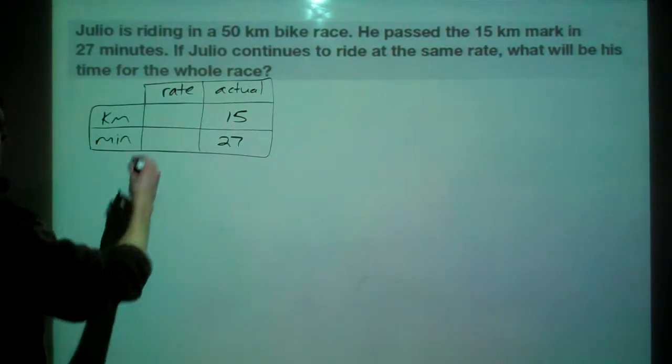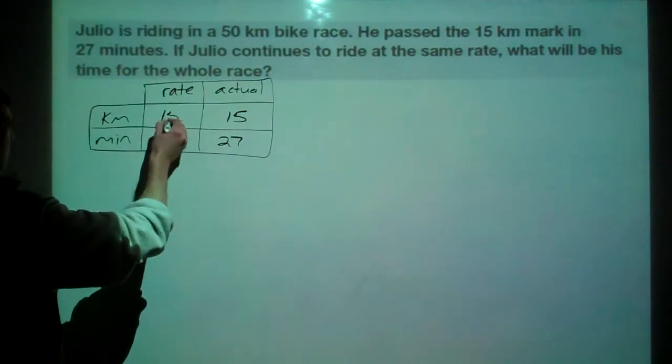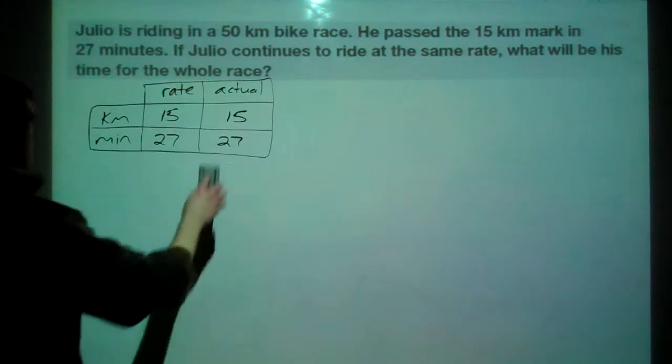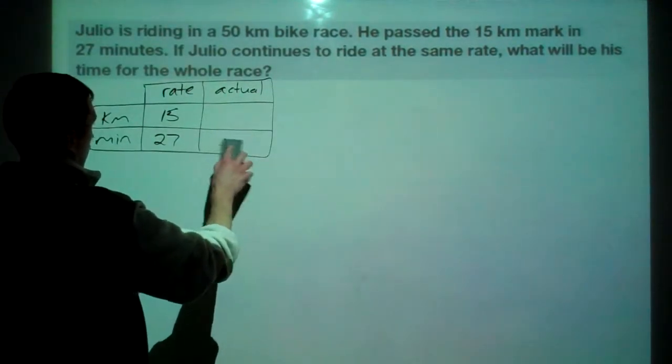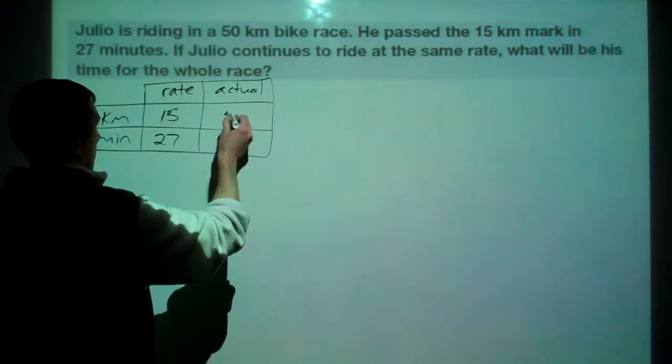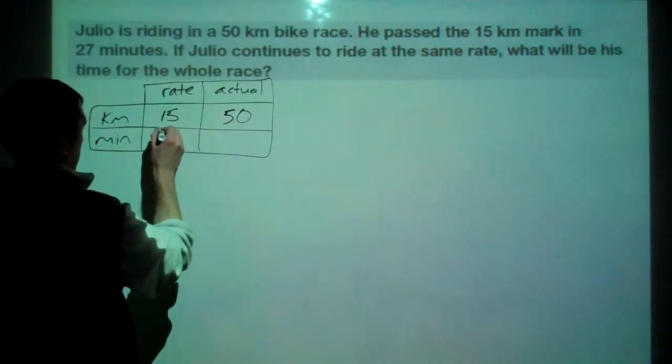So we want to figure out how much time 50 kilometers will take. Oh, maybe I put these in the wrong spot. I think this would be better off here. He's done 15 kilometers in 27 minutes, and he's actually going to be going 50. So how long is that going to take? Alright. Sorry if that was confusing.